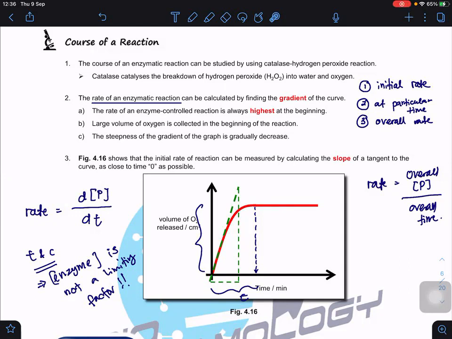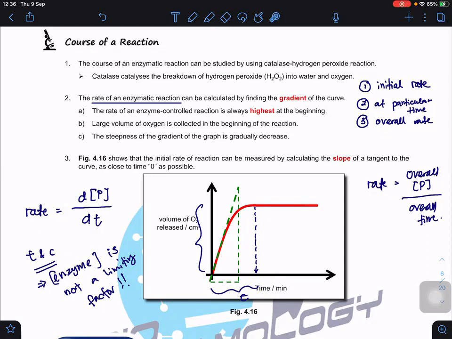So the moment it becomes a plateau like this, then we know that if I drag a line down, at this time point all reactions have been completed or stopped. Okay. So it depends on the type of question. Later, I will show you guys different kinds of questions. Then you will be able to understand it better.